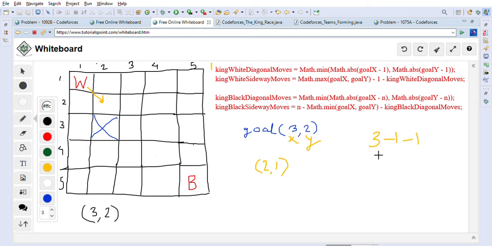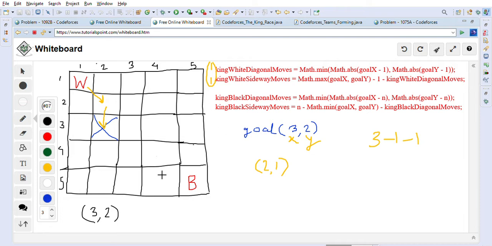So 3 minus 2 is equal to 1, correct? So this is the one move they have to do like this, the sideways or vertical move, vertically downwards. So in total he has to do 1 plus 1, 2 moves. So the total is 2 moves the white king has to do.